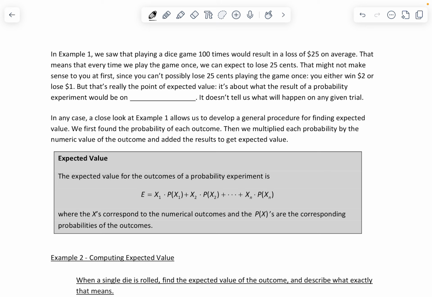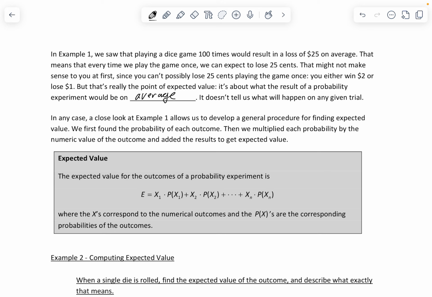You either win $2 or you lose $1, but that's the point of expected value. It's about what the result of a probability experiment would be on average. Okay? It doesn't tell us what will happen on any given trial. It's saying that if we play this game a whole bunch of times, we would expect, on average, to lose about 25 cents every time we played.